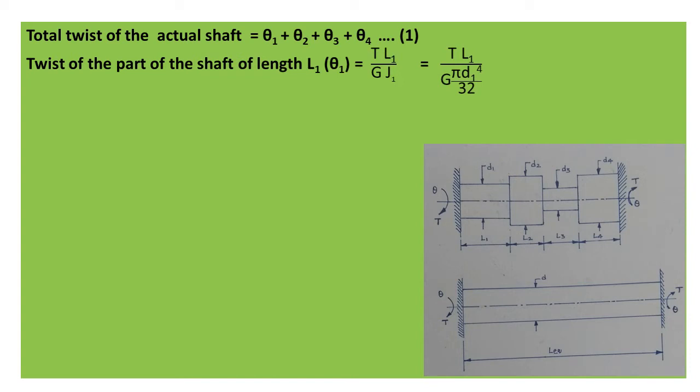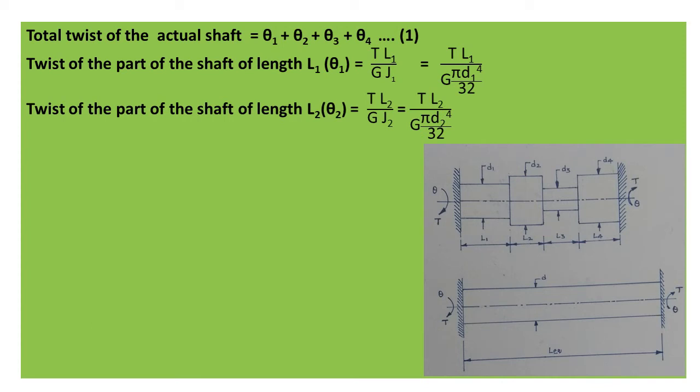Twist of the part of the shaft of length L1, theta 1, equals TL1 by GJ1. By substituting the value of J1 as pi by 32 d1 to the power of 4, theta 1 equals TL1 by G pi by 32 d1 to the power of 4.